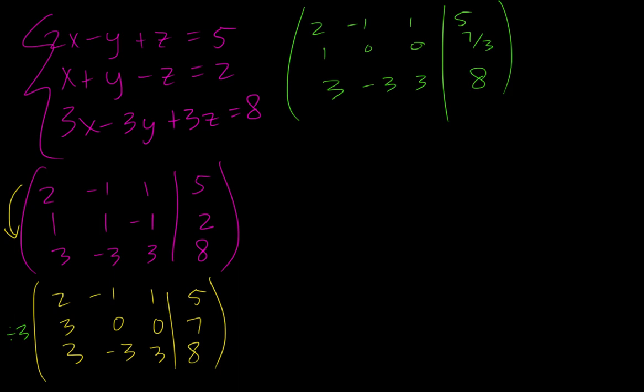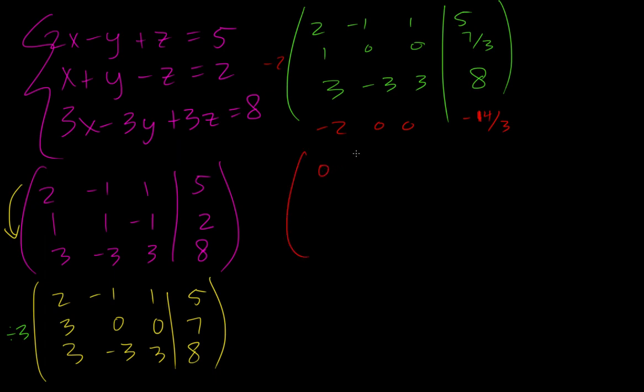Okay. Now, what we can do once we get a 1, 0, 0, we can create zeros above and below pretty easily. So I'm going to do a negative 2 multiple, and add that to the top.